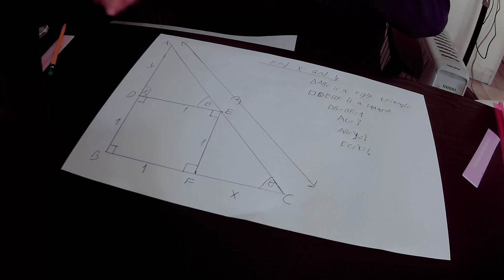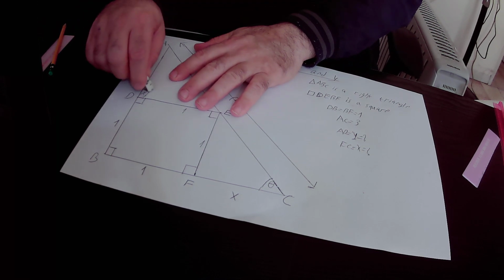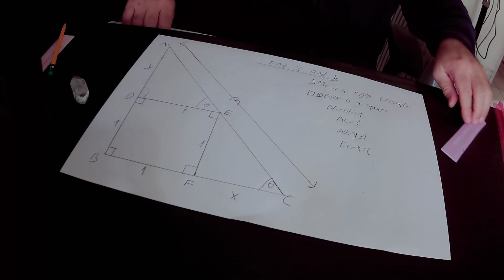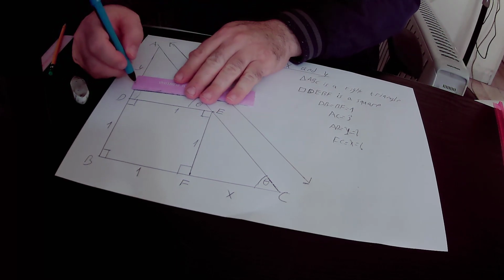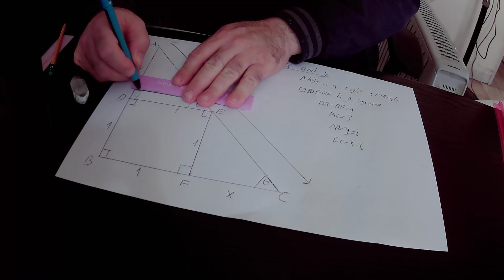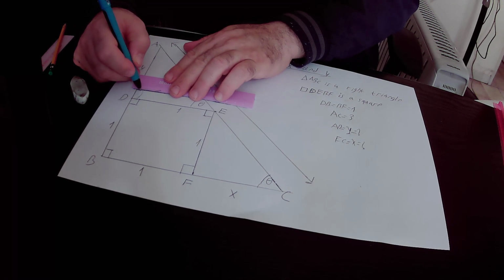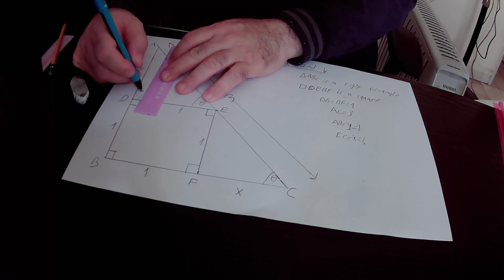So we substitute angle X by a right angle. So actually, if angle ADE is a right angle, then triangle ADE is a right triangle.